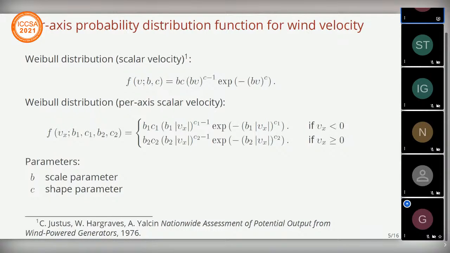So for each axis, we use 2 distributions as in the second formula, where B is the scale parameter and C is the shape parameter.